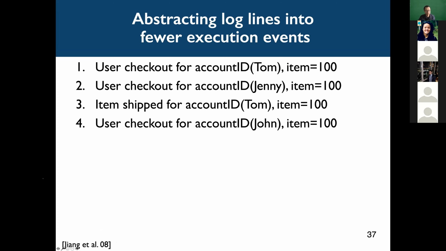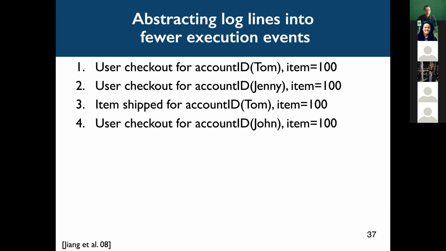Here, for example, are four lines of log data. If you look at these four lines, we can see that there are some templates, some static information and some dynamic information. For example, user checkout for account ID Tom, item equals to 100, and user checkout for account ID Jenny, item equals to 100.